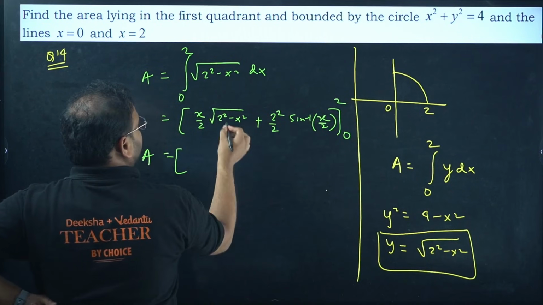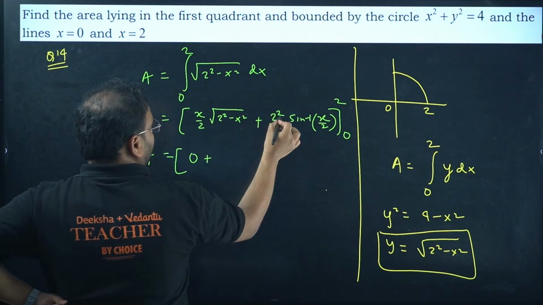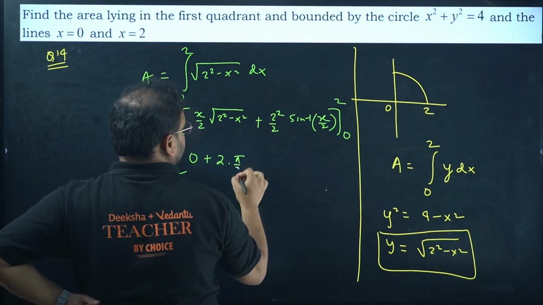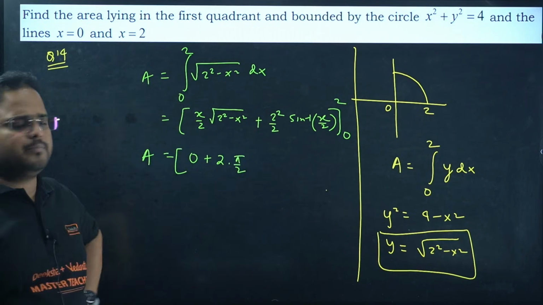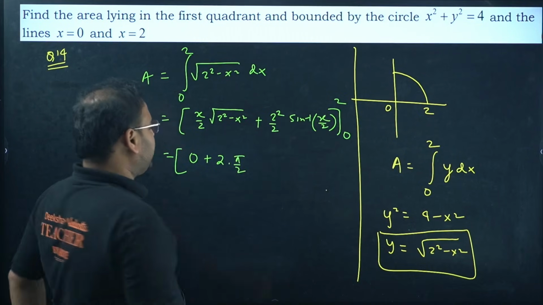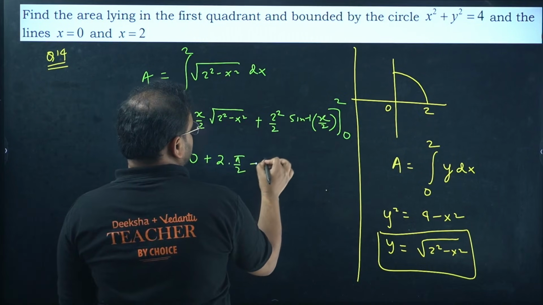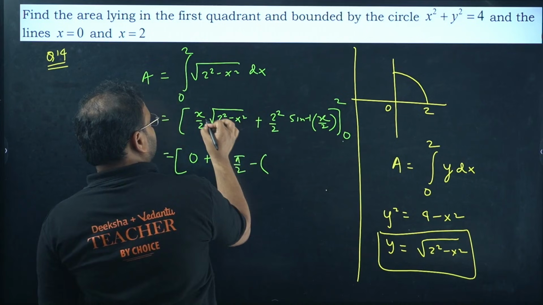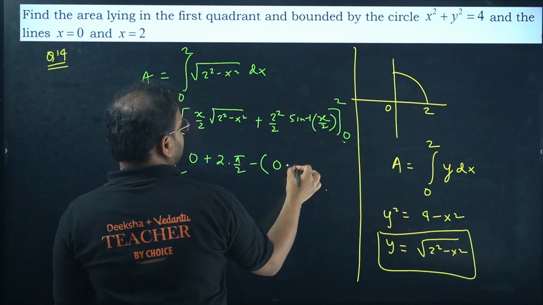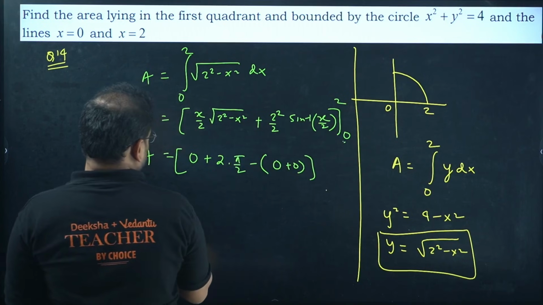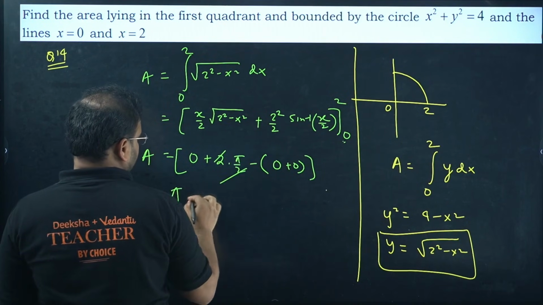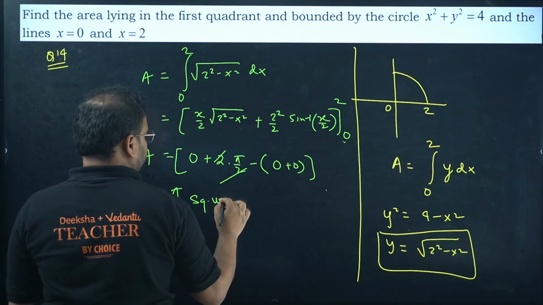When you put 2 over here, this will be 0. 2 square by 2 is 2, and sine inverse of 2 by 2 is sine inverse of 1, so pi by 2. For the lower limit, put 0: 0 into everything is 0, and sine inverse of 0 is again 0. My answer becomes A equals, cancels, so pi square units.